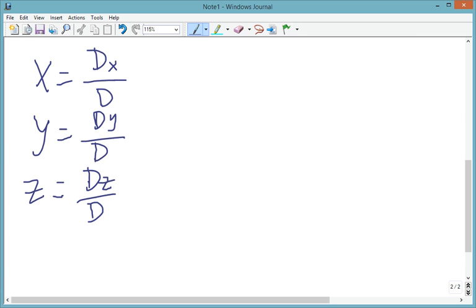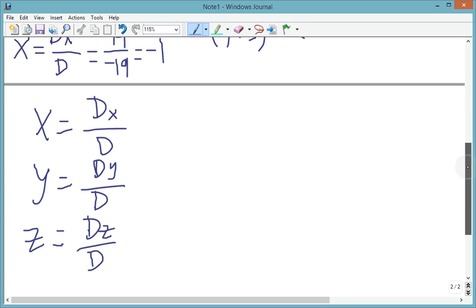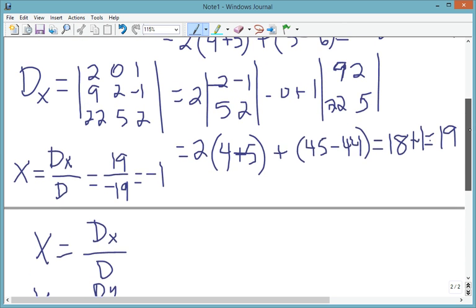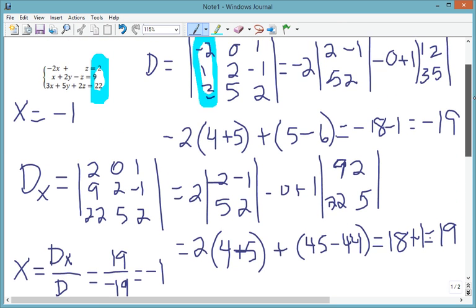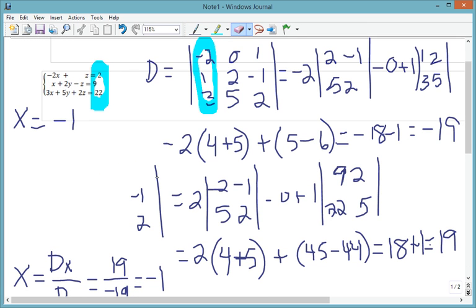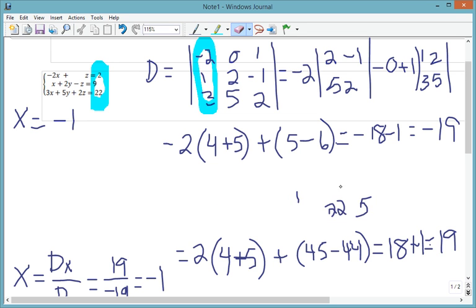If we had 4 variables, so we had a w, we'd have D sub w over D. And each time, the D is the same on every denominator, right? It's only the top one that changes. So let's come back up here for a second and find y. I'm going to erase this so that we can have more room here.